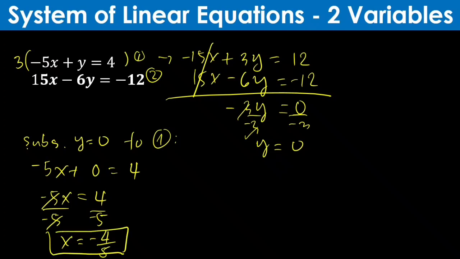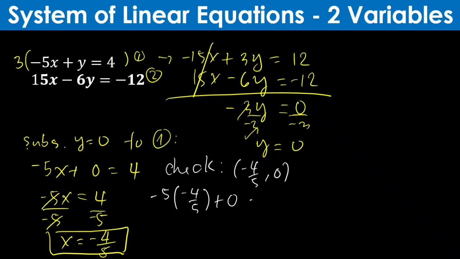Now, if you're unsure about your answer, we can use the checking. Okay, let's check first if this is really true, where the possible solution is x equals negative 4 over 5 and y is 0. Let's plug it into the equation here. For equation 1, x is negative 4 over 5 plus our y is 0.